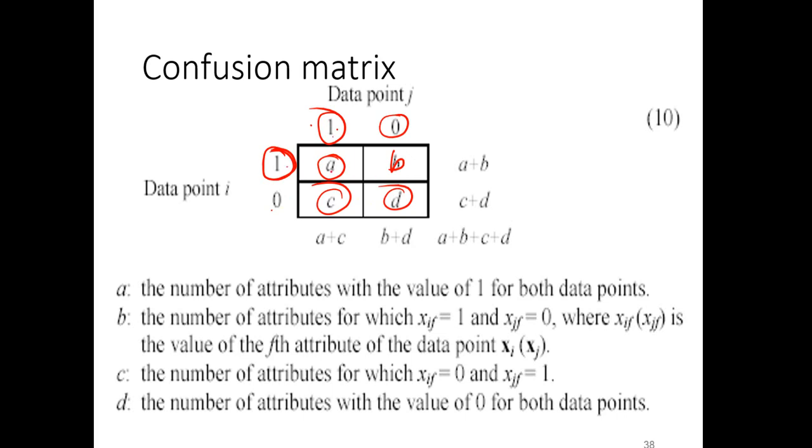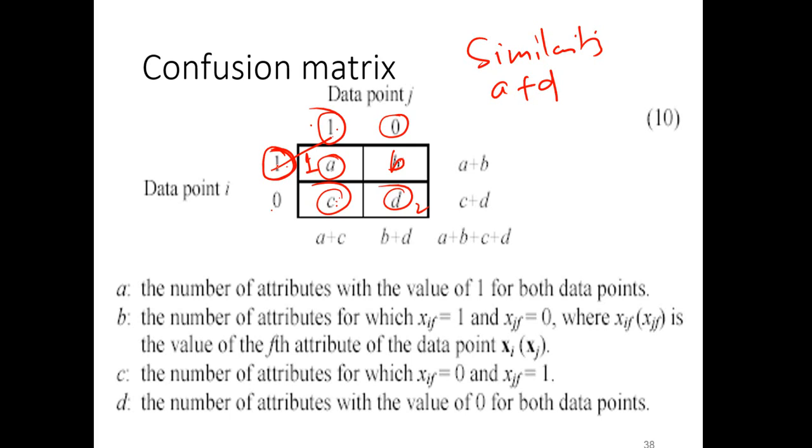Now, when both are the same, it is similarity, right? So a and d are the similarity, when both are 1 or both are 0, which is a plus d. So this is similarity. B and C are when they are dissimilar.